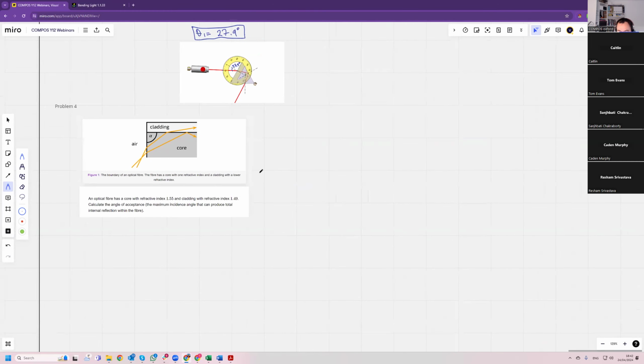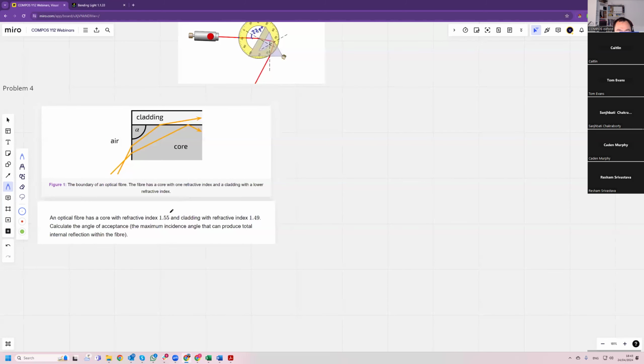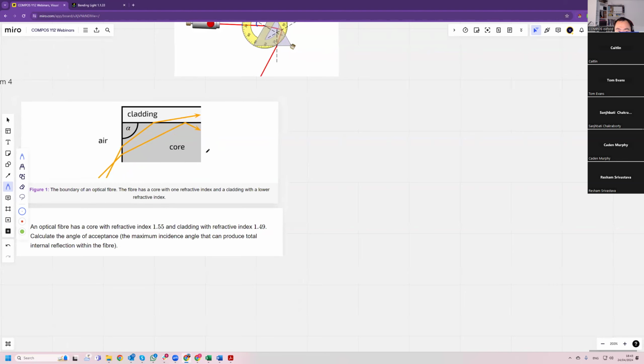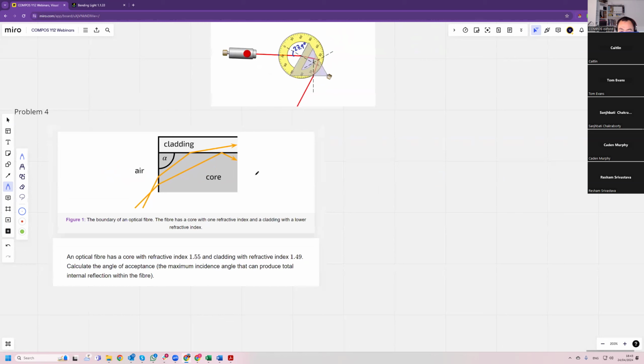Can somebody tell me why the cladding has to be very close to the refractive index of the core? So the refractive index of the core has to be greater than the refractive index of the cladding, but it's a very small difference.